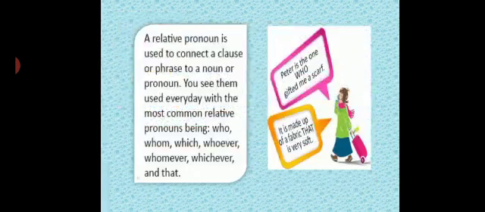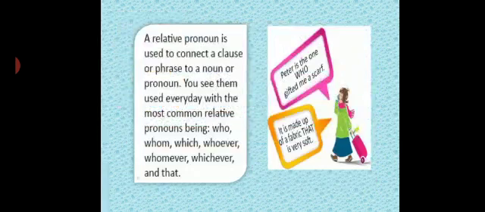So therefore, let us once again take a quick look at what are relative pronouns and its examples. We already have learnt this in the last class. Let us once again revise ourselves, refresh with the definition. A relative pronoun is used to connect a clause or a phrase to a noun or a pronoun.